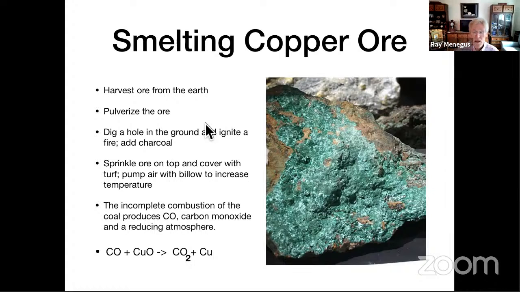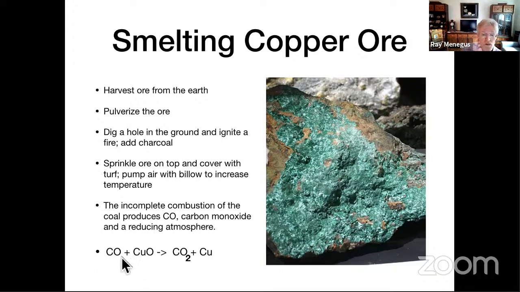If you completely combust carbon, it turns into carbon dioxide. But by limiting the amount of oxygen in this little furnace, the carbon burns and turns into carbon monoxide. The carbon monoxide is a reducing agent.